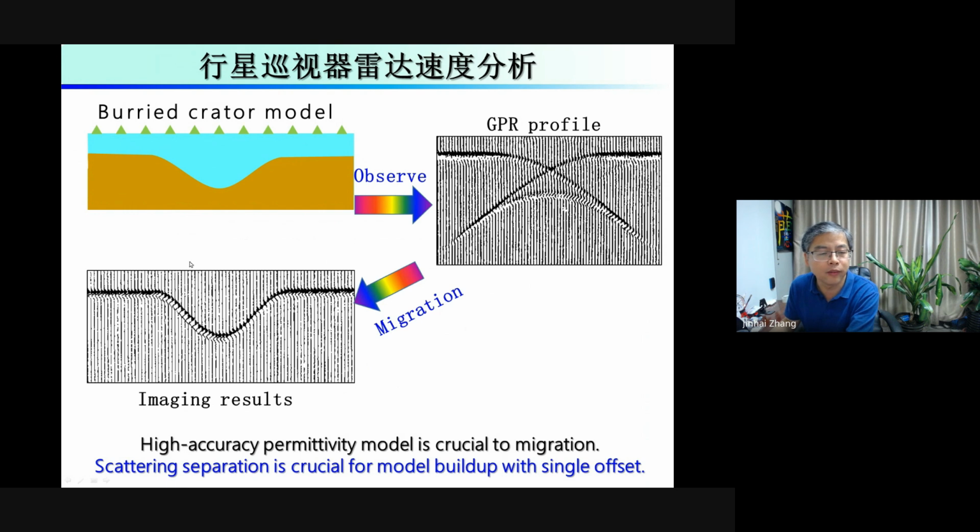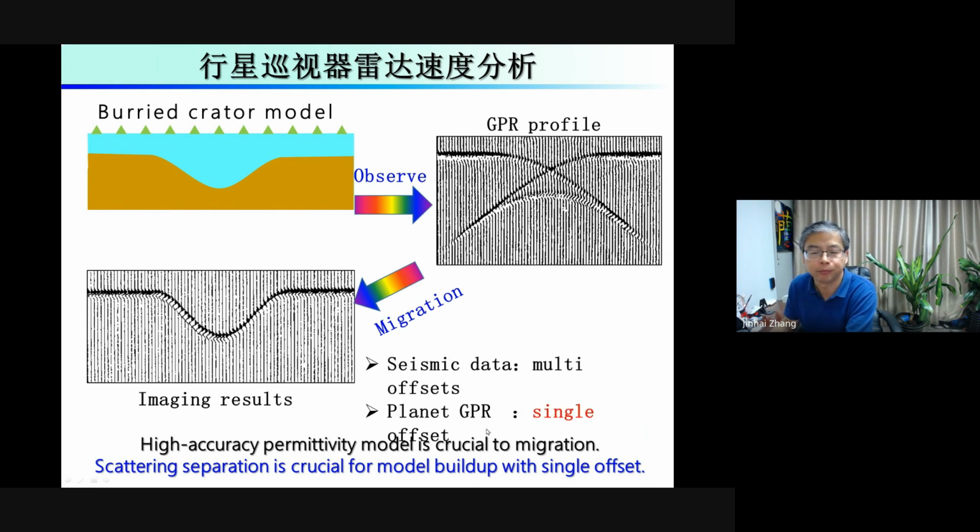If we emit one impulse, we can only have one receiver. Usually, we have only one or two antennas to receive the reflections. That means we can't use the traditional methods developed for extracting reflections or scatterings in seismic exploration. So for GPR detection, we have to develop some new methods.